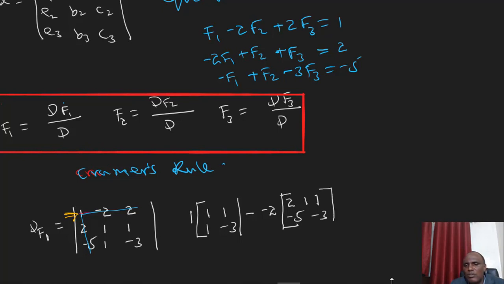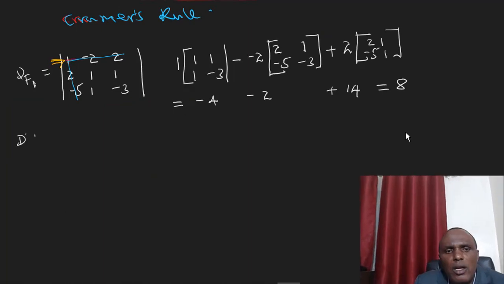Then we remove all the elements in the same row and column as 2, and that leaves 2, 1, negative 5, 1. We get the determinant, then we multiply. We get negative 4 for the first one there, minus 2, plus 14, and this gives us 8. df1 is equal to 8.